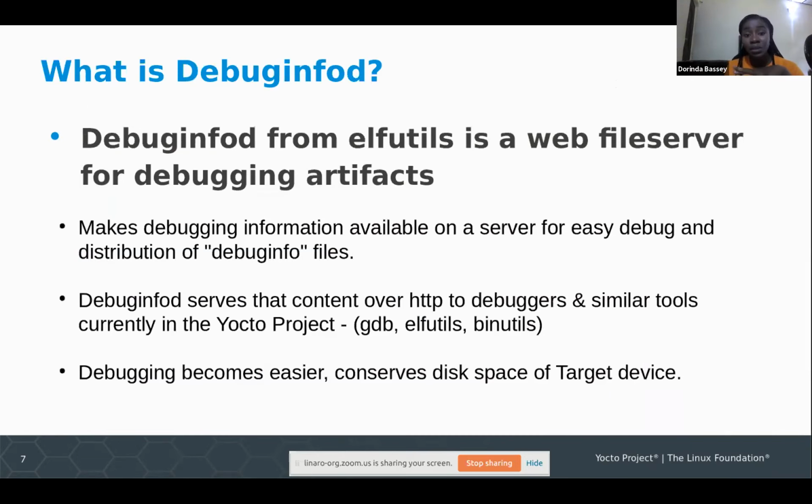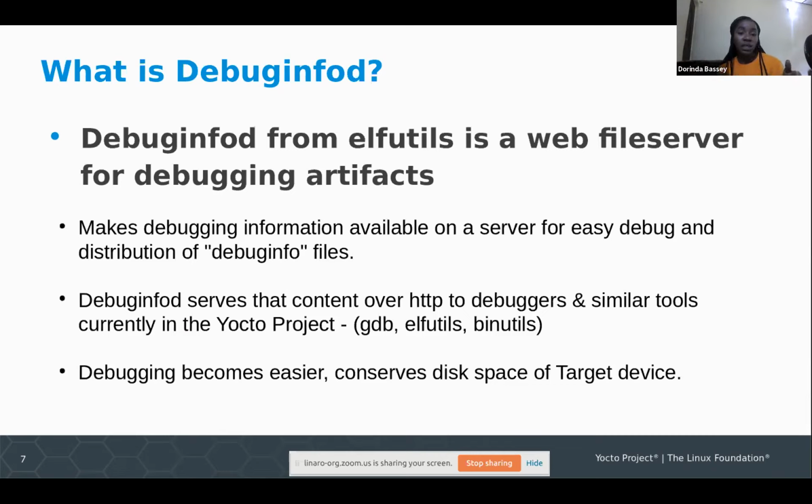So what is debuginfod? Debuginfod from elfutils is a web file server for debugging artifacts. Debuginfod makes debugging information available on the server for easy debugging and distribution of debug info files. It serves the debug info itself over HTTP to debuggers and similar tools.